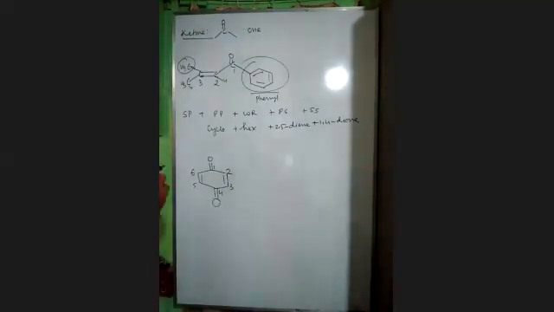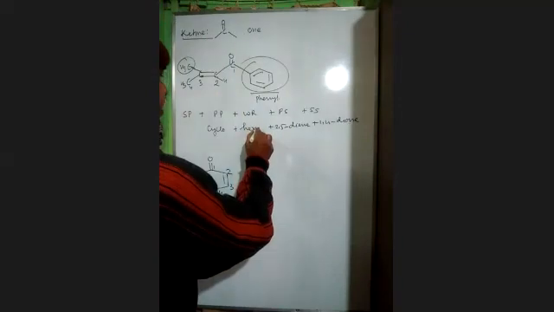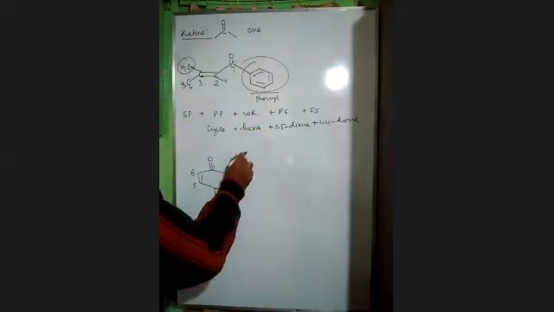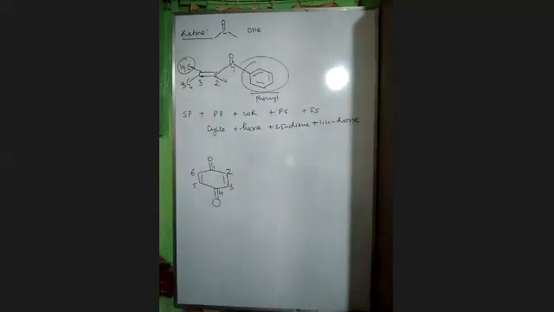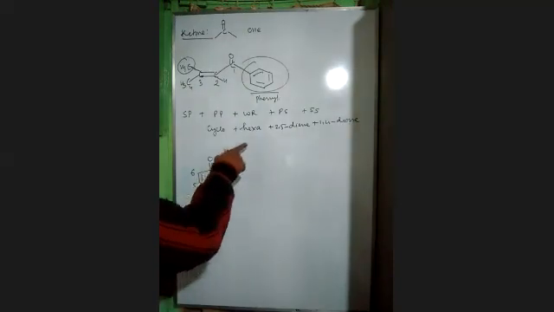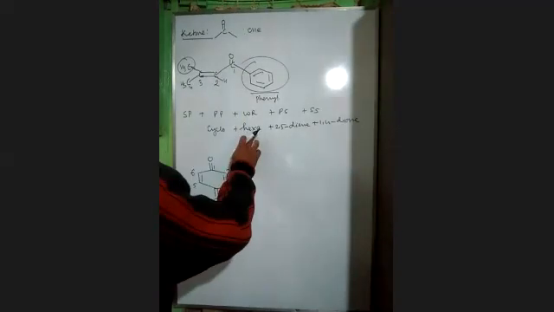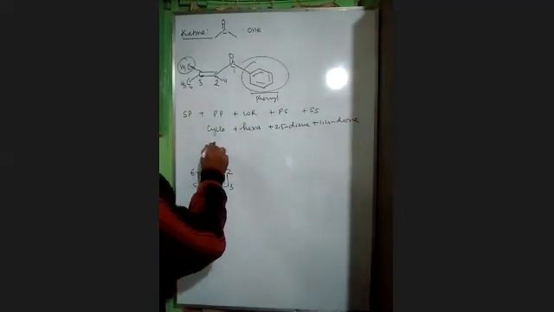See, it is said that if you have more than one double bond, then you have to write here a. If any compound contains more than one double bond, then you have to write a after this word root. Okay, sir. Please remember, if it is double bond or triple bond, if you have more than one, then you have to add one extra a after the word root.